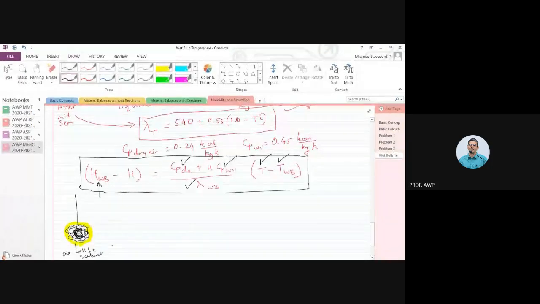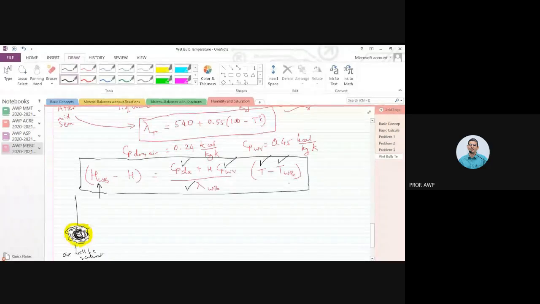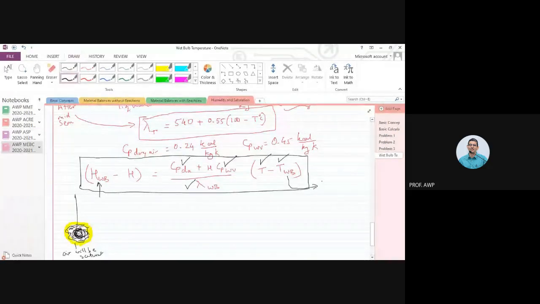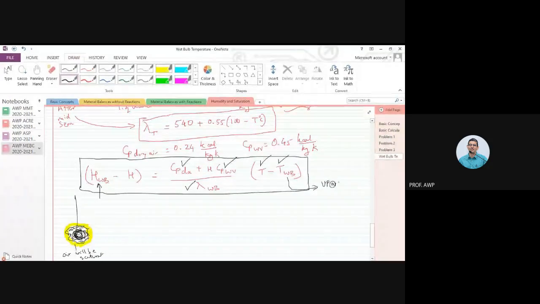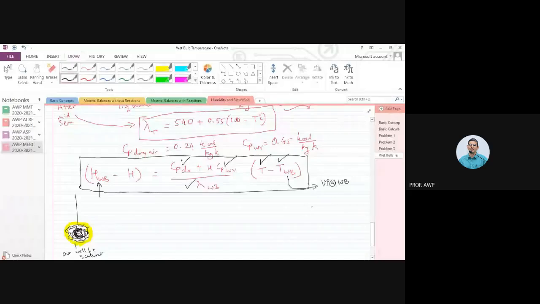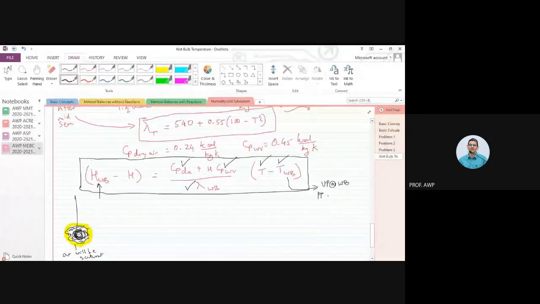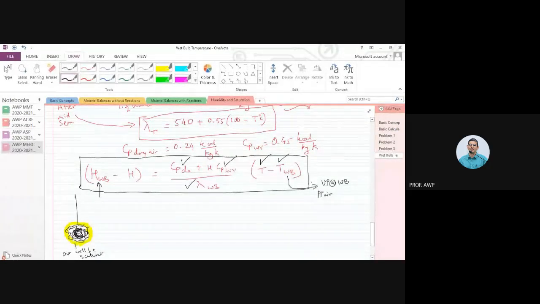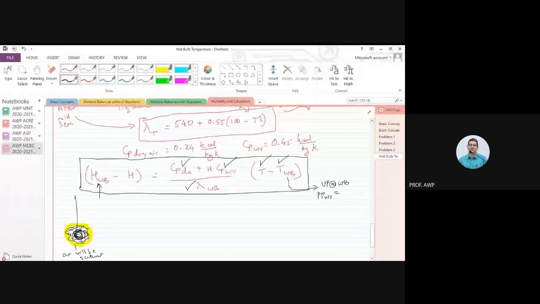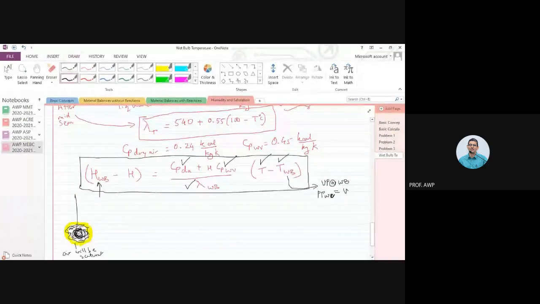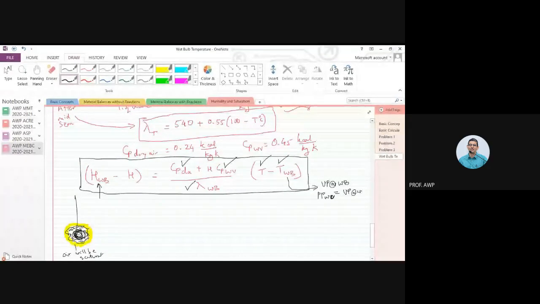That means if I take the wet bulb temperature and calculate the vapor pressure at that temperature, then the partial pressure of water vapor in the immediate vicinity would be equal to the vapor pressure at the wet bulb condition.